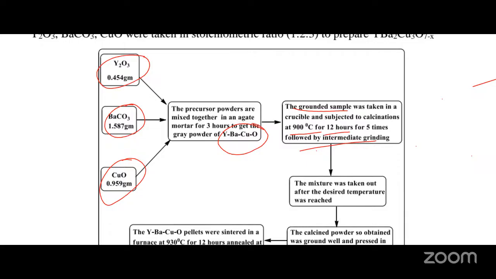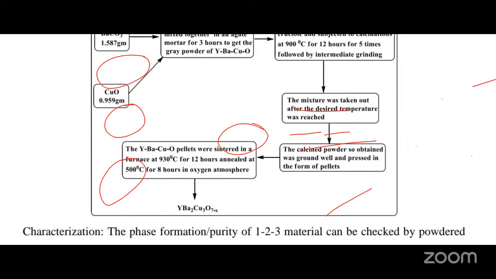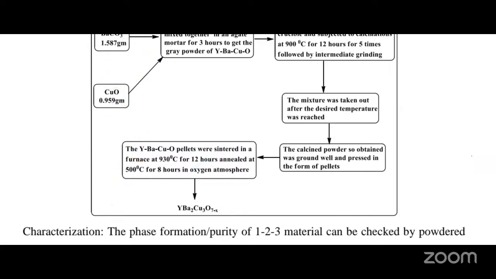After that, the mixture is taken out. For calcination we have to utilize a muffle furnace, right? The calcined powder will be transferred into the muffle furnace at around 930 degrees centigrade, and then annealed at 500 degrees centigrade for 8 hours in oxygen atmosphere.